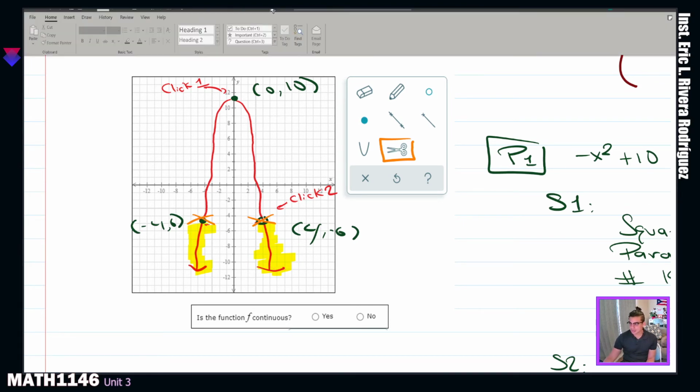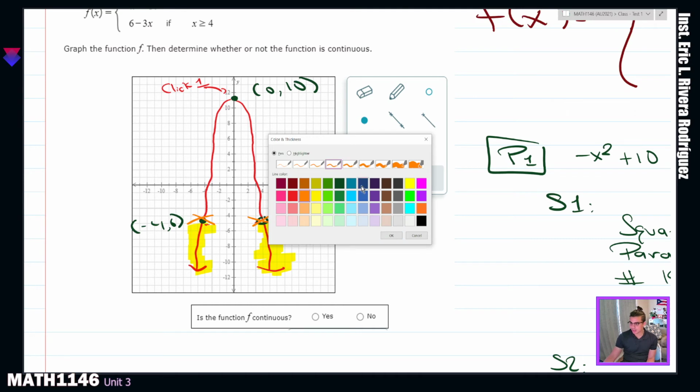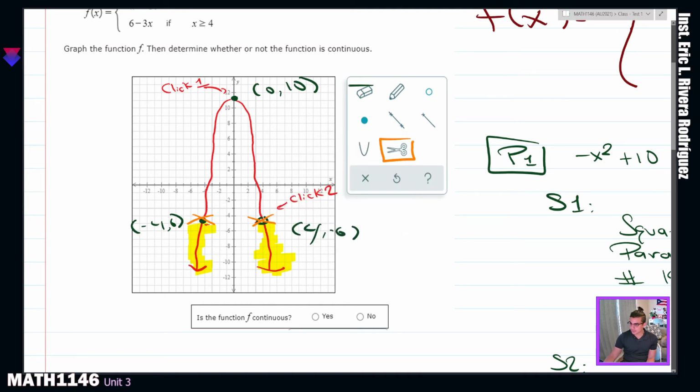Then you are going to click on the eraser button and click on top of this fragment, and you will see that this highlighted part will disappear, and you will do the same for the right side. Both highlighted parts are going to disappear, and this part will stay because they are not attached together.